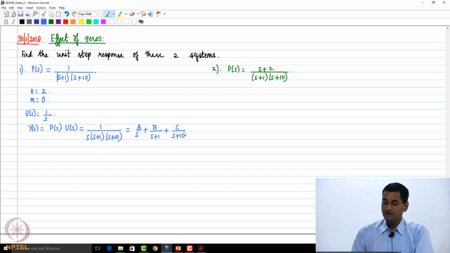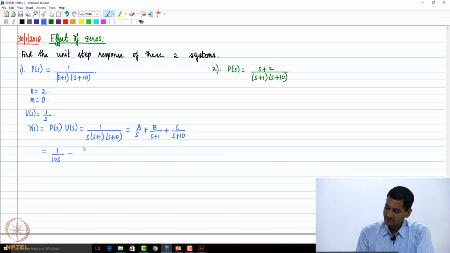Right? Now how do we find A, B and C? What do you think are the values of A, B and C? We have already discussed this, right? So for A, you just multiply both sides by s, substitute s equals 0, right? So you will immediately see that A is going to be 1 by 10, right? What about B?